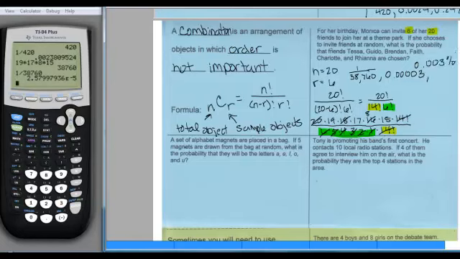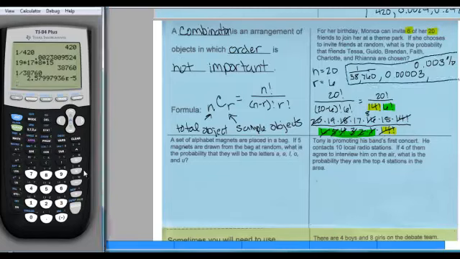Again, you can do that math in your calculator if you need to turn this decimal into a percent. You just do times 100, and it would give you 0.00 and then the 2 rounded to 3%.